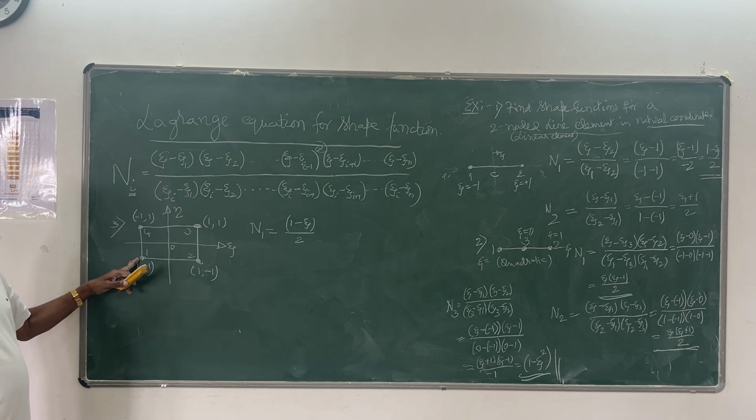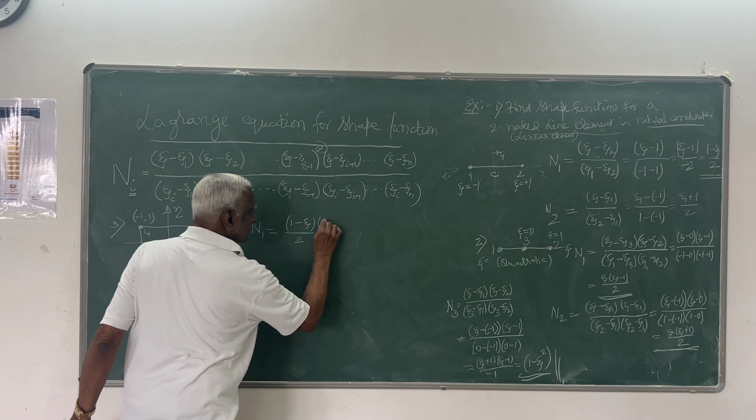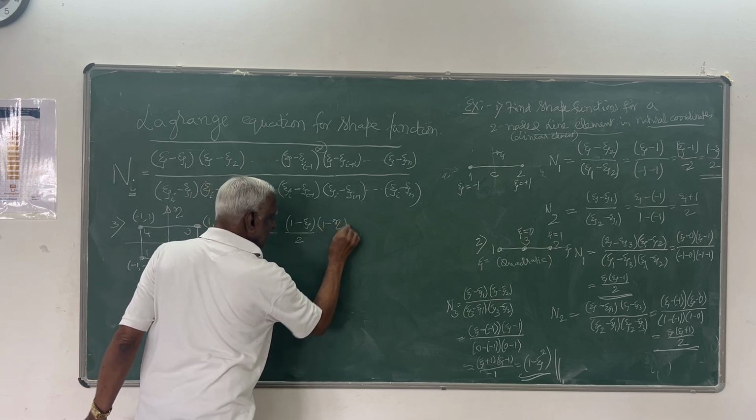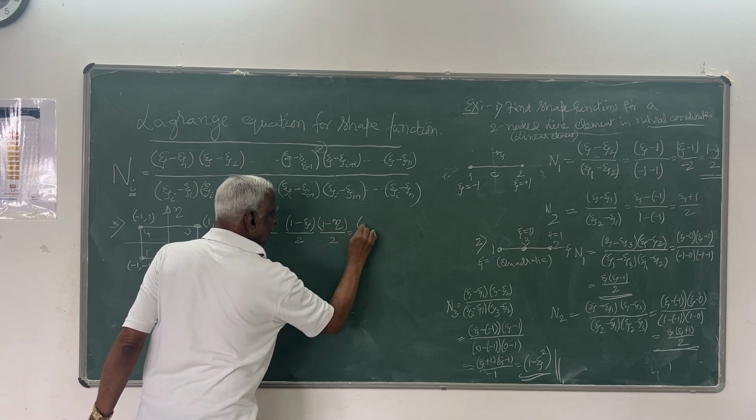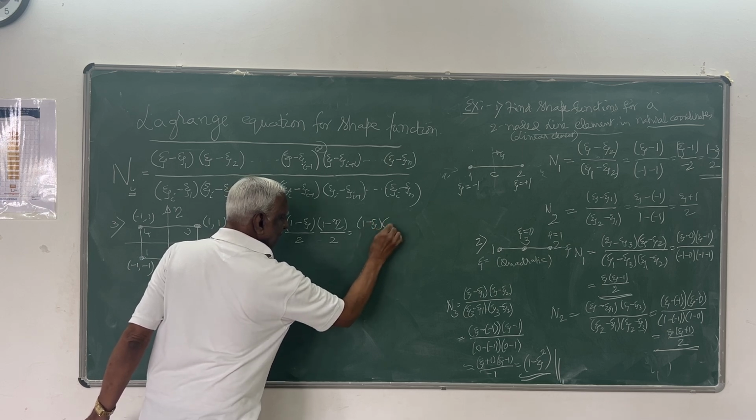Along eta direction, again it is first node only, 1, 4. This is first. Again it is 1 minus eta by 2. Correct? Shape function.